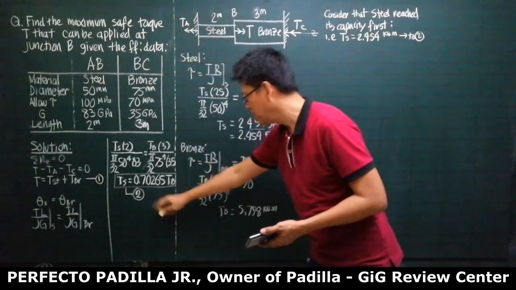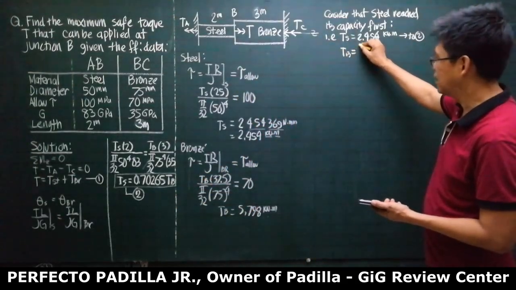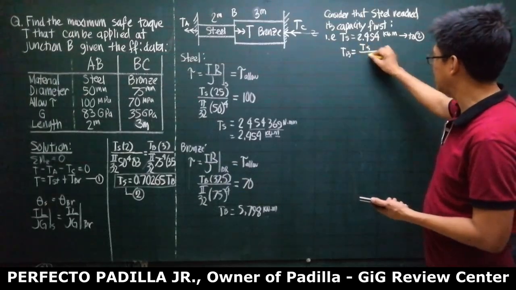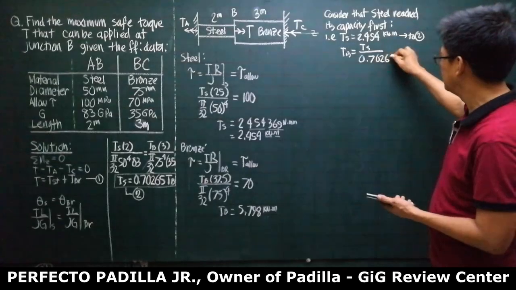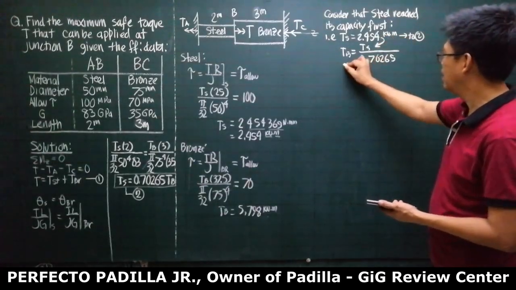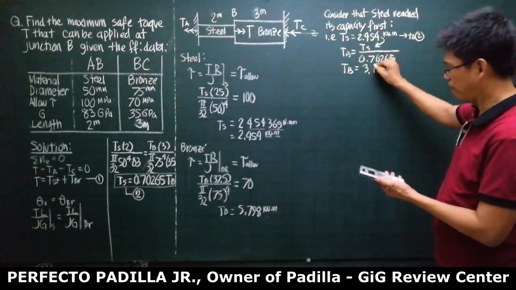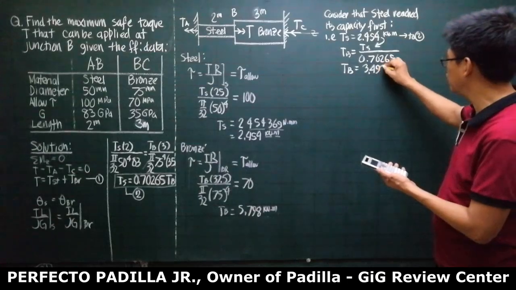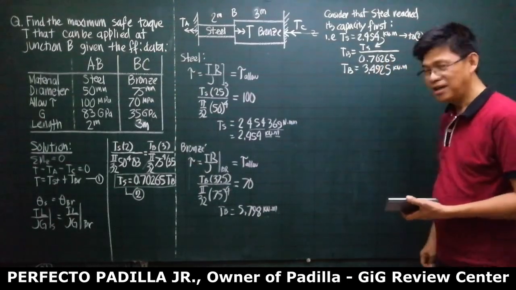Your TB is going to be TS over 0.70265, so our TB is going to be 3.494925 kilonewton meter.